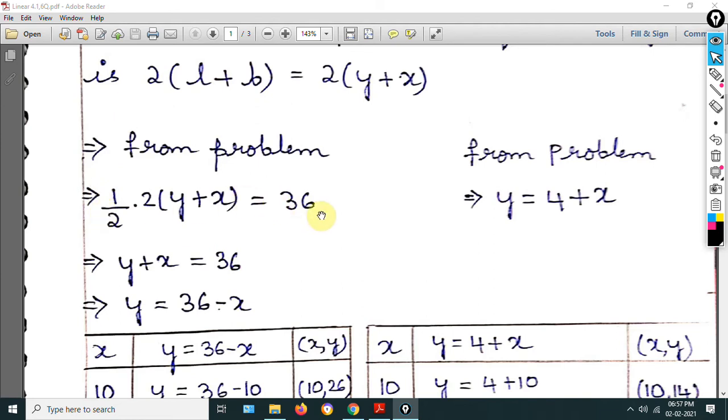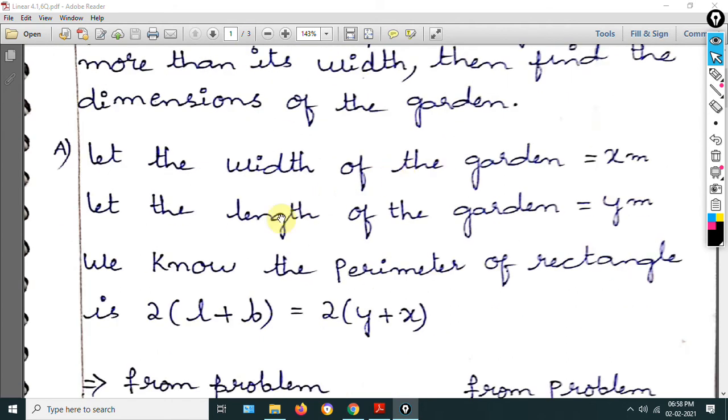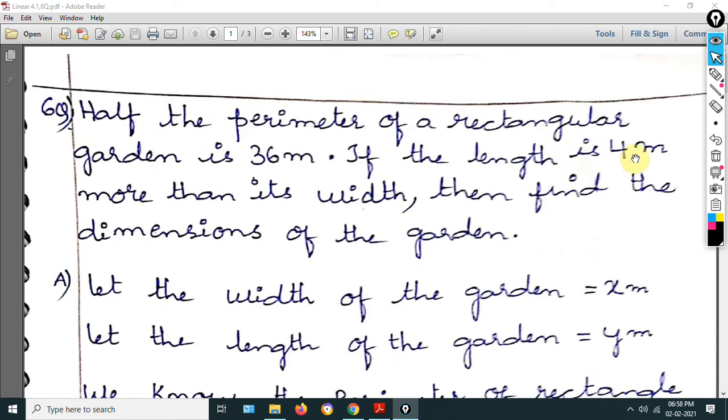Okay. Next, what he is saying, the next condition he gave: the length is 4 meter more than its width. What is length here? Length is y. So y equal to 4 more than, he is saying, no? If the length is 4 meter more than its width, we should add 4.